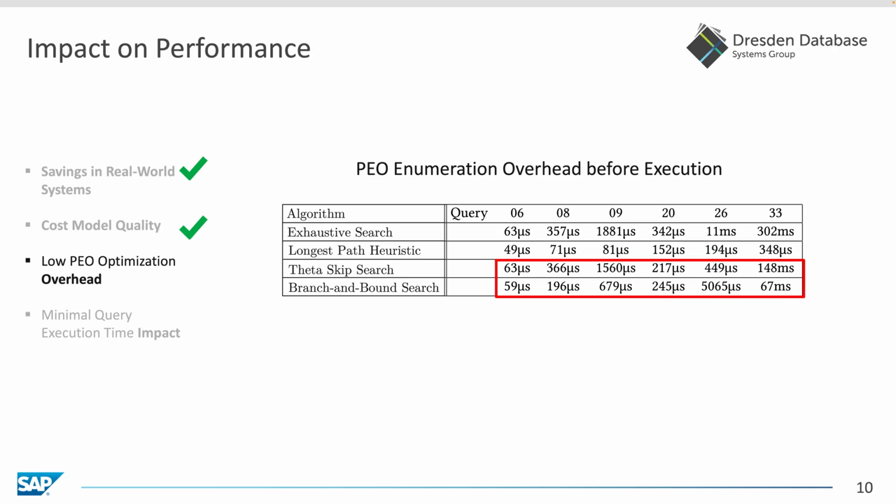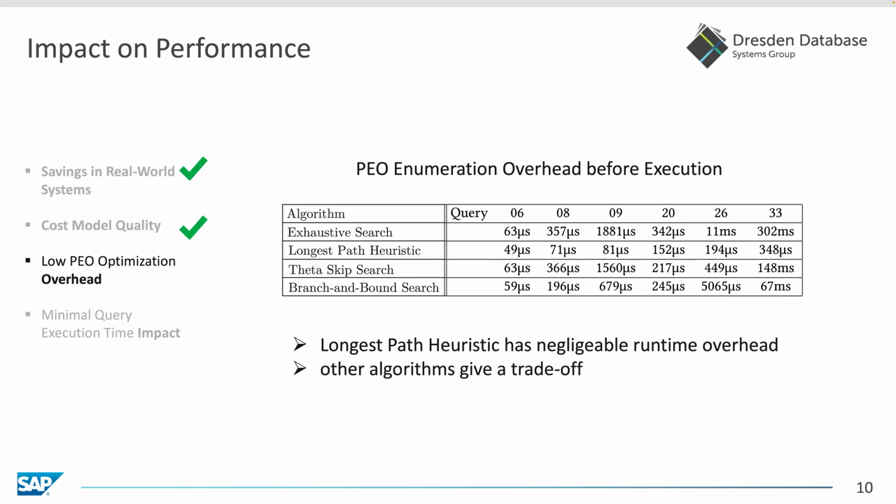And the other 2 algorithms, so theta skip search, which is also heuristic, and branch and bound search, pose a certain balancing between those first 2 approaches. So again, we can see that the longest path heuristic has a negligible runtime overhead, and it should indeed be a very feasible approach to optimize for main memory consumption. Other algorithms pose a trade-off in this regard.